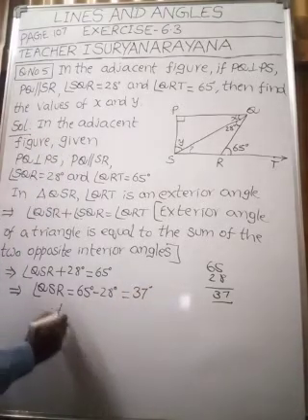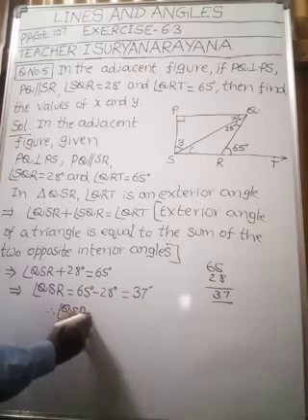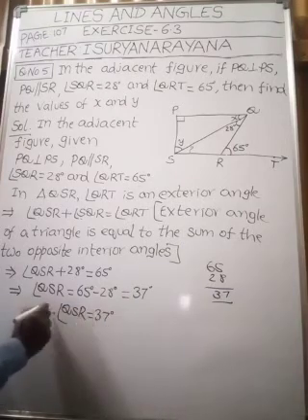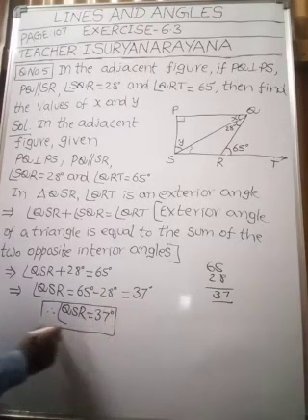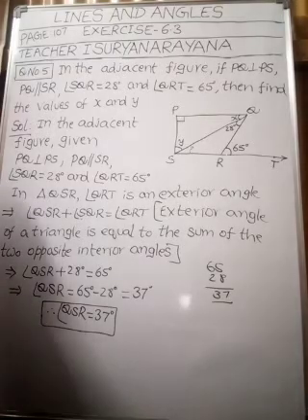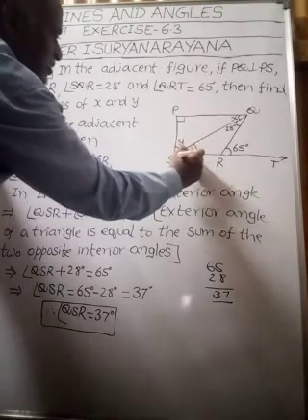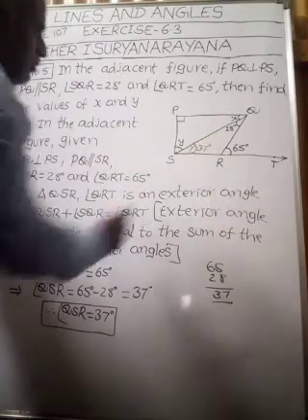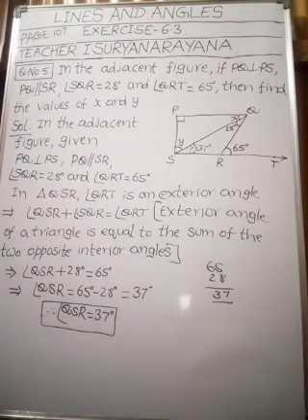Therefore, angle QSR is equal to 37 degrees. Okay, my children, this angle is equal to 37 degrees. Okay, my children, understood? Right.